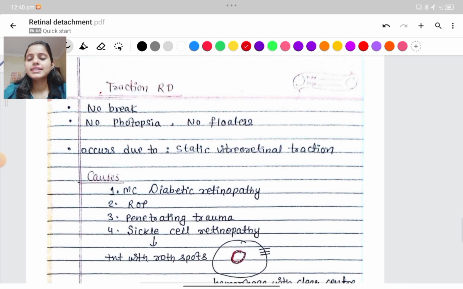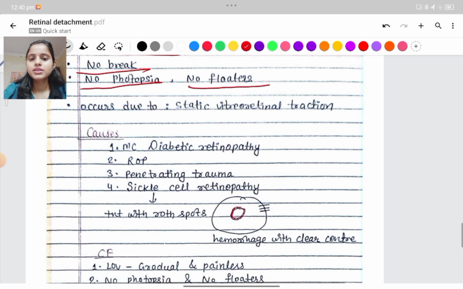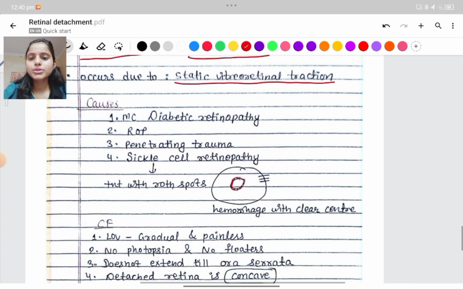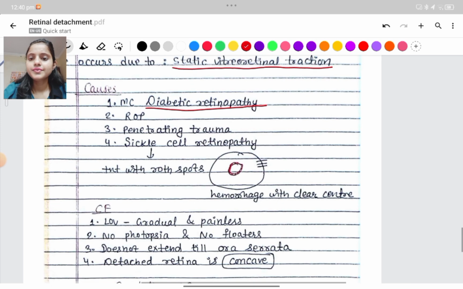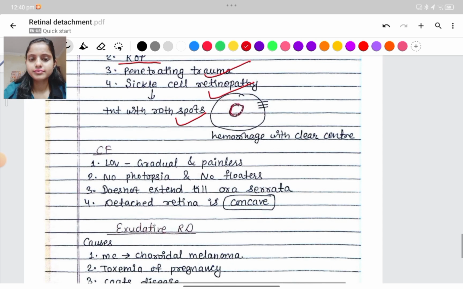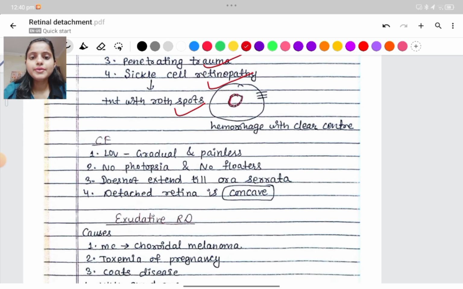In tractional retinal detachment, there is no break, no photopsia, and no floaters. It occurs due to static vitreoretinal traction. Most common causes are diabetic retinopathy, retinopathy of prematurity, penetrating trauma, and sickle cell retinopathy, which presents with Roth spots. There will be hemorrhage with clear center.